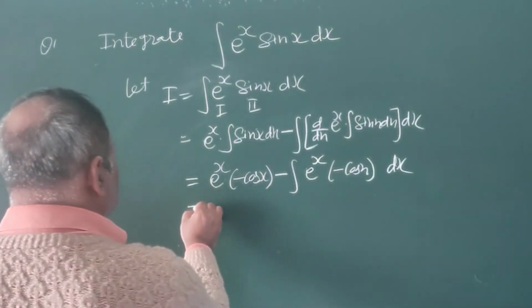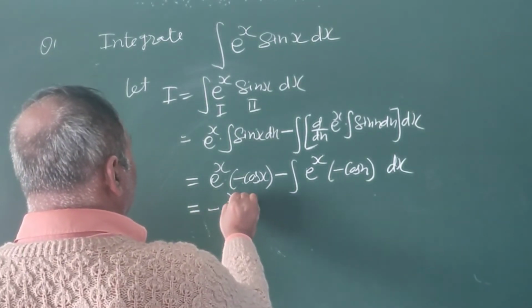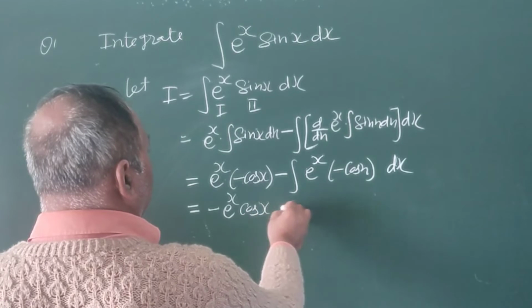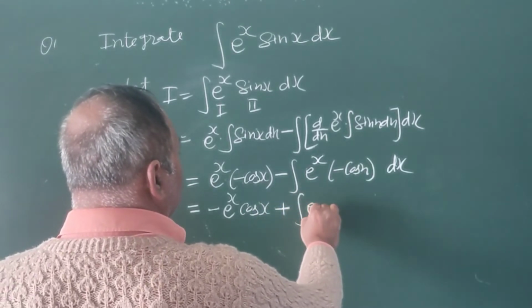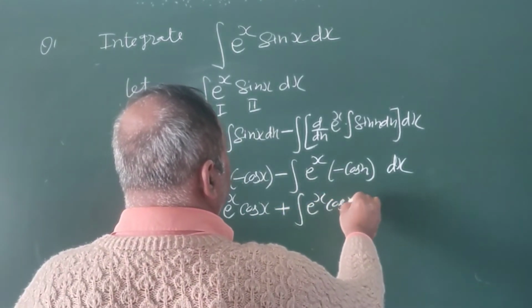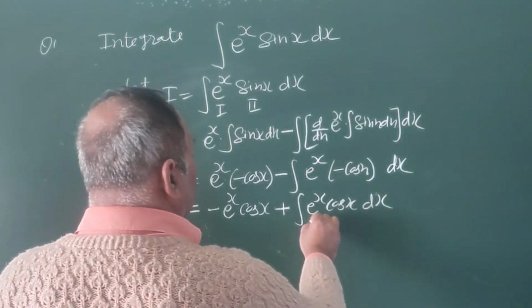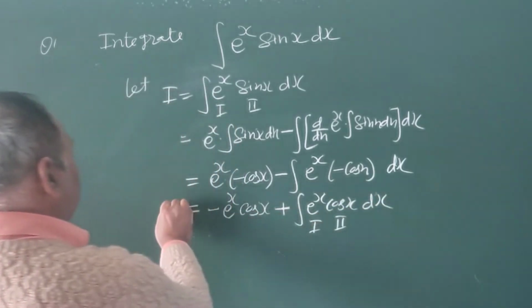Now it becomes minus e raised to power x into cos x, minus minus plus, e raised to power x into cos x into dx, and again applying integration by parts here.